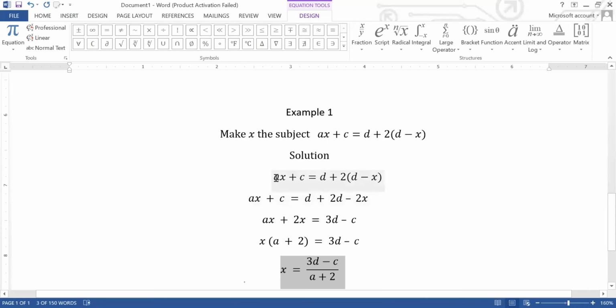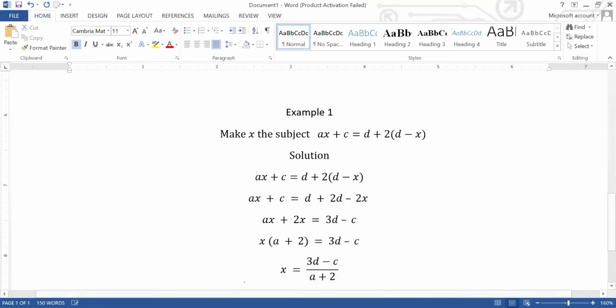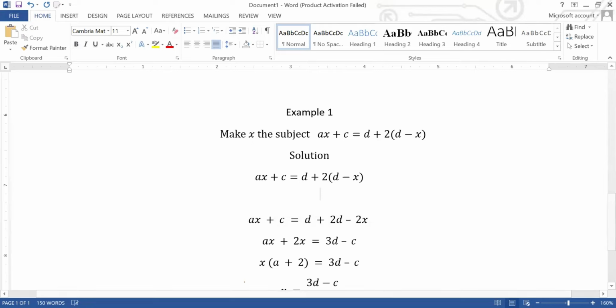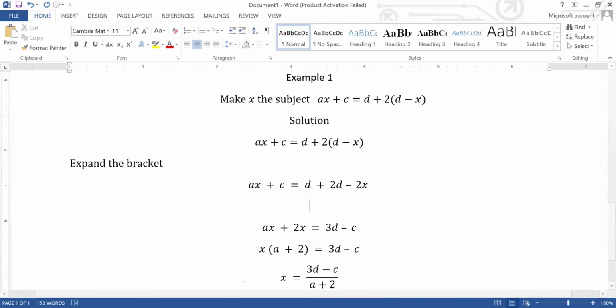So that is it. Literally, look at what we did. We removed the bracket, right? So let me write that. Remove or expand the bracket, okay? Expand the bracket, then group like terms of x.